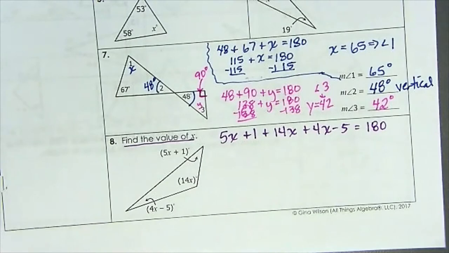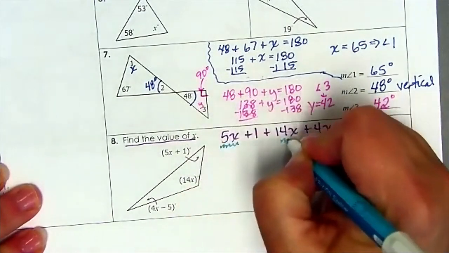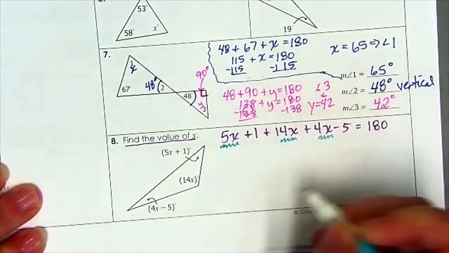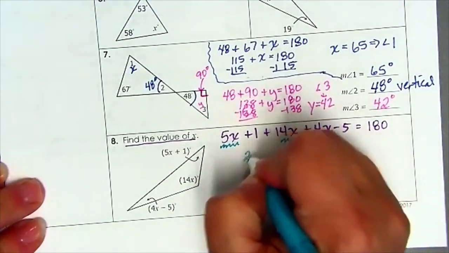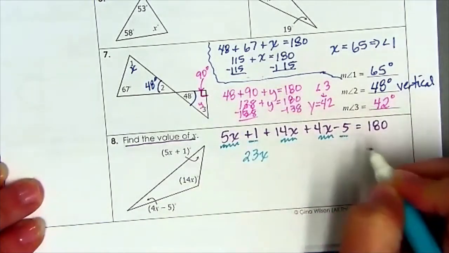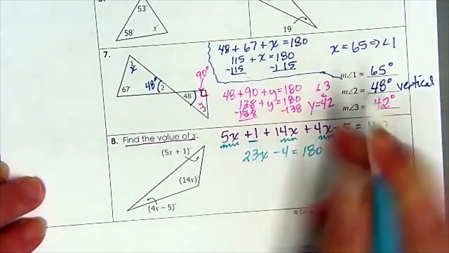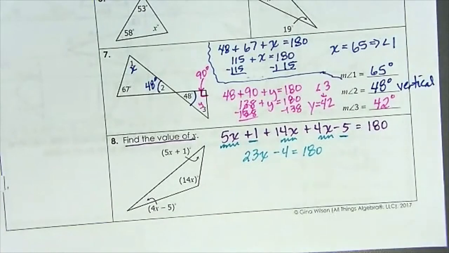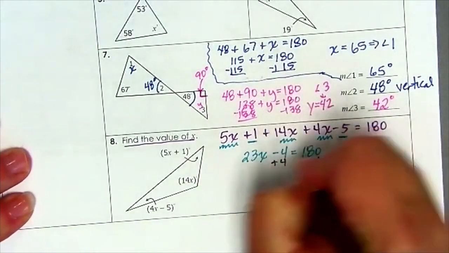Okay, so now we combine like terms. I'm going to combine my x terms. That's going to give me 18x plus 5x, which is 23x. And then I have my constants, which is 1 minus 5. So that's going to give me 23x minus 4 equals 180. And now I continue to solve. I'm going to add 4 to both sides.